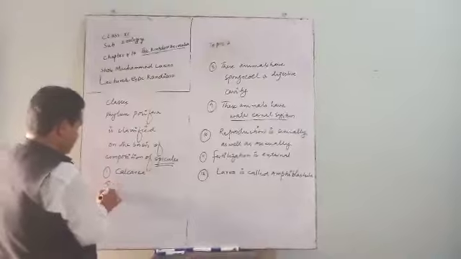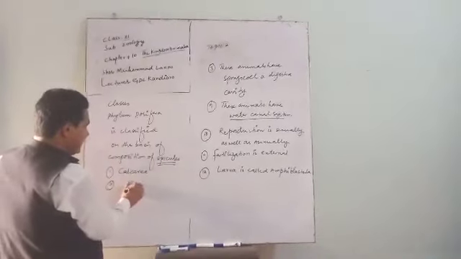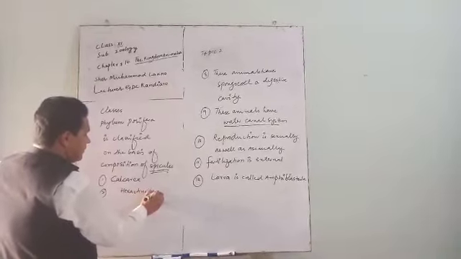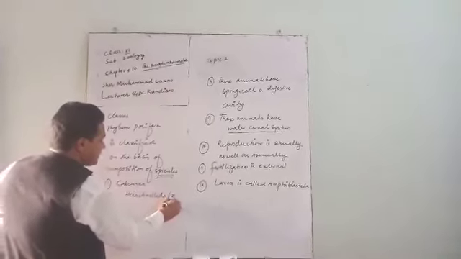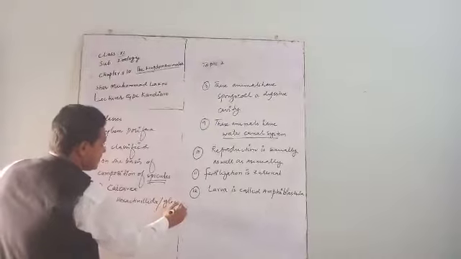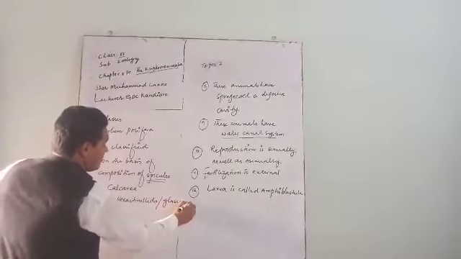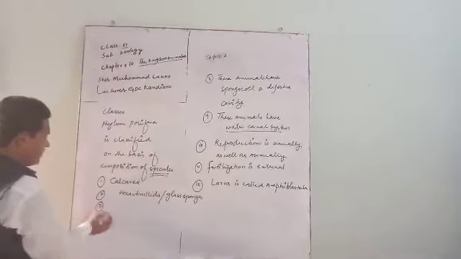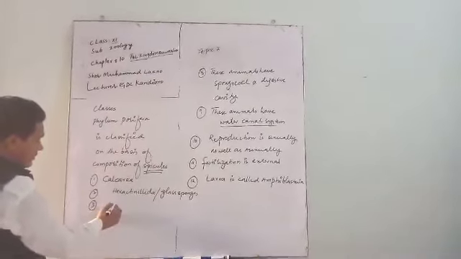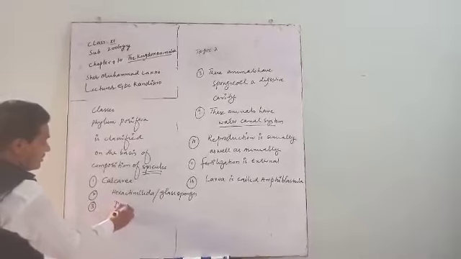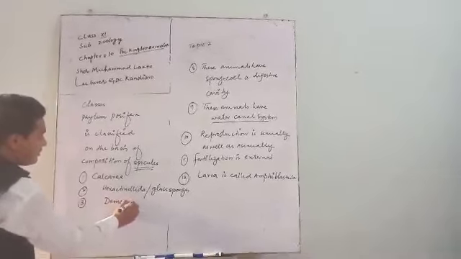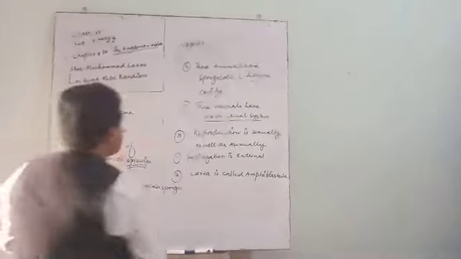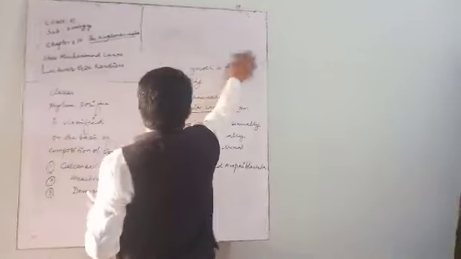Number 2, Hexactinellida, also called glass sponges. And number 3 is Demospongiae. Class Calcarea.